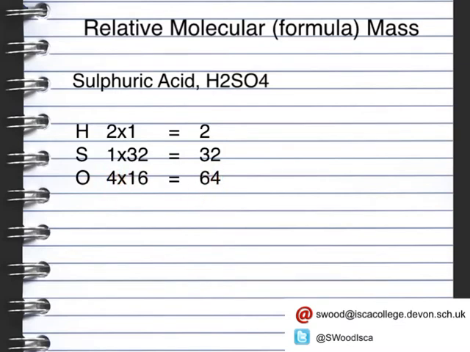So when we add up the relative masses of each of the elements and the number of atoms that they have, we get a value of 98. So sulfuric acid has a mass here of 98 grams relative to other molecules.